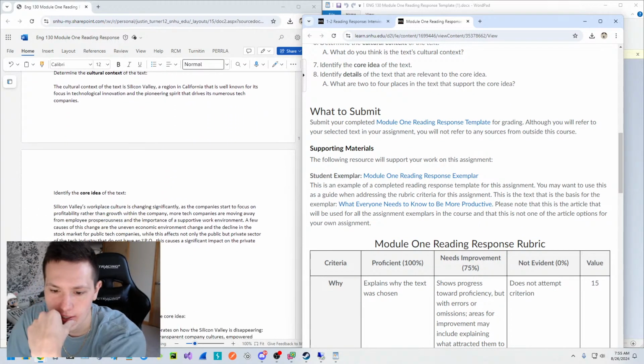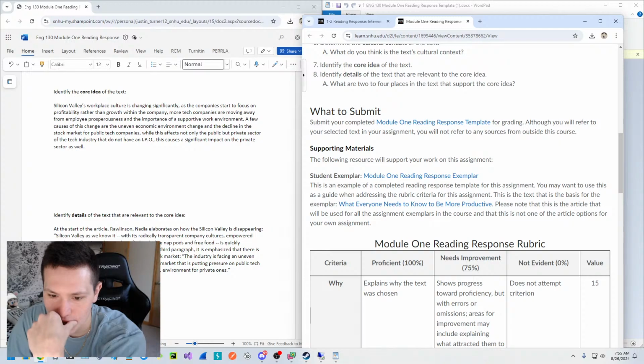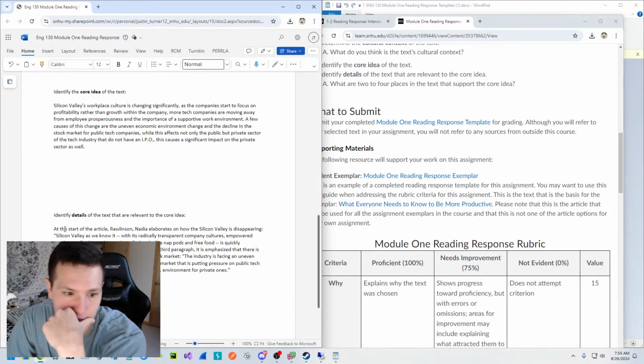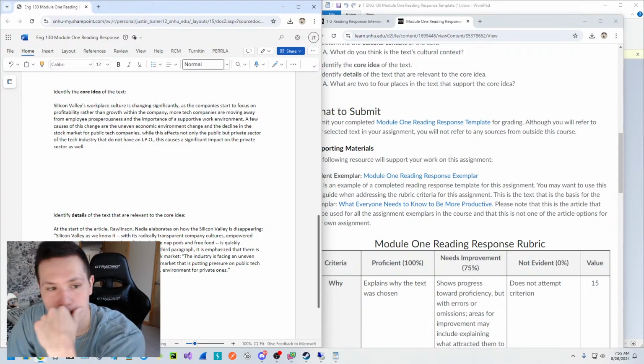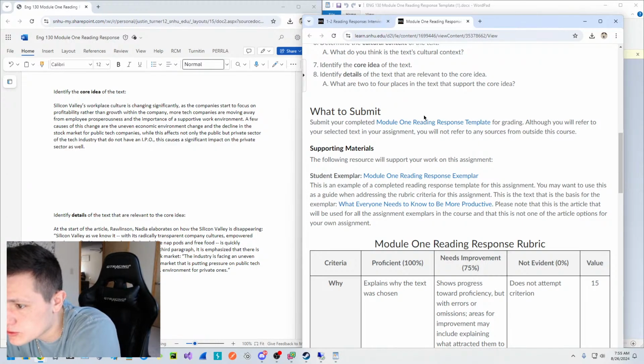This right here is where I did have to kind of quote stuff from the actual text. Yeah, I would assume so too. But it's just a reading response, so I don't know if everything.